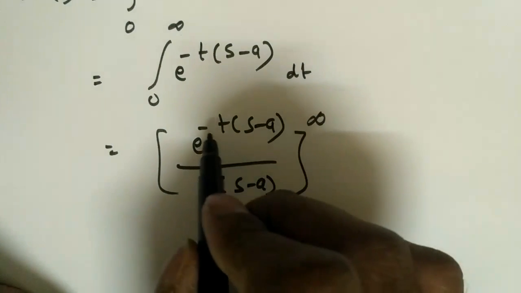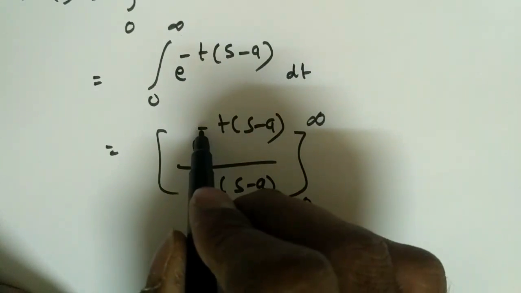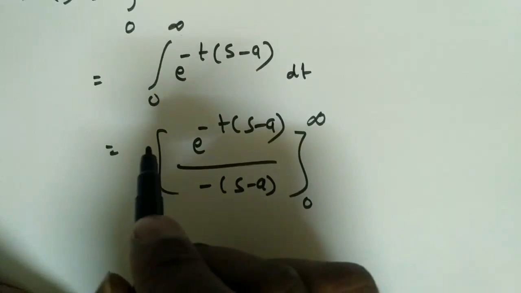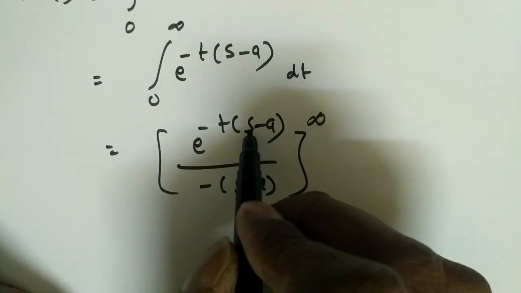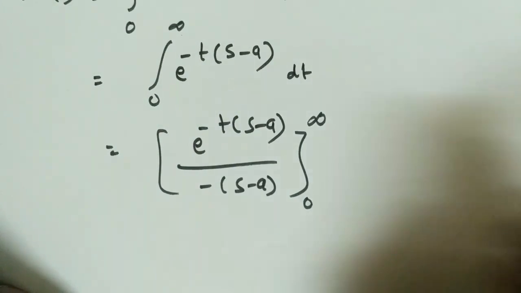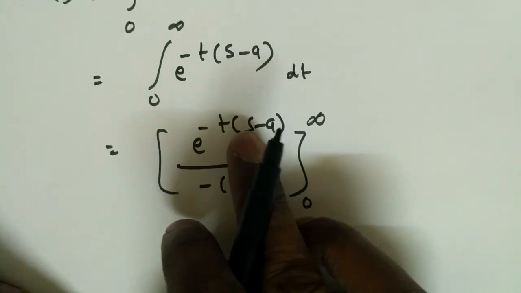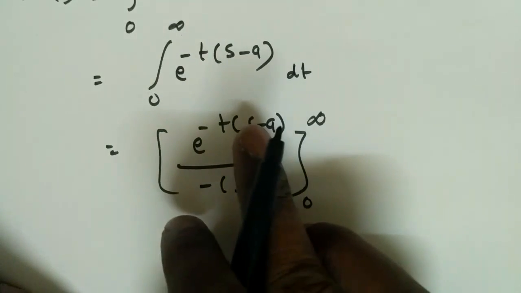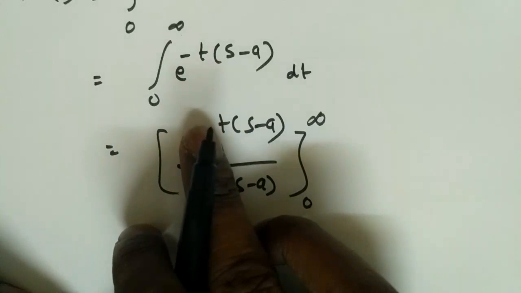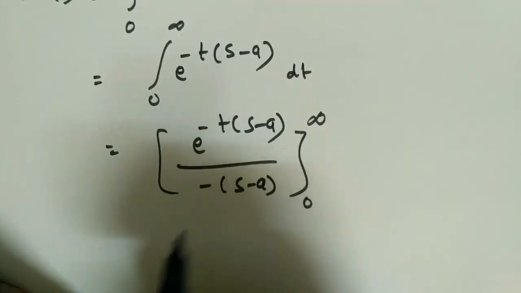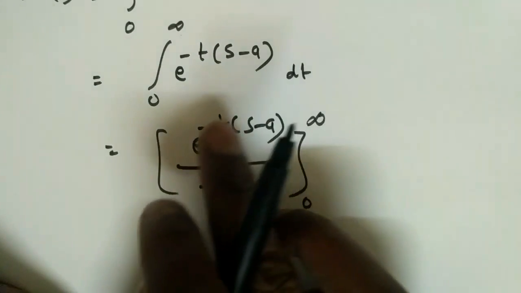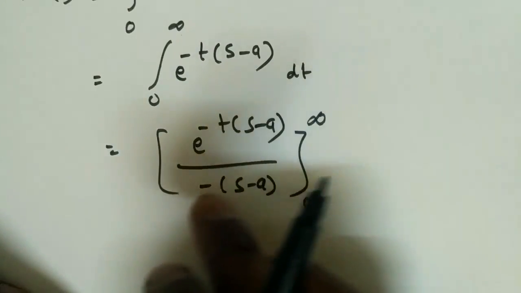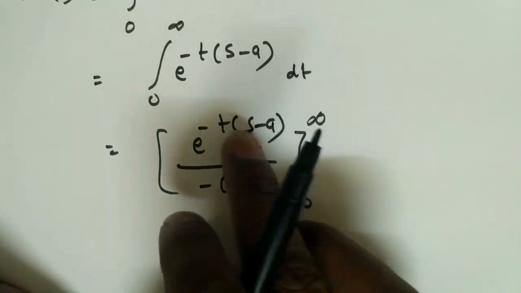If I substitute infinity here, it should become e power minus infinity, but there is s minus a. Suppose this s minus a is negative. Then the negative will become positive, so it will become e power infinity. Yes or no?